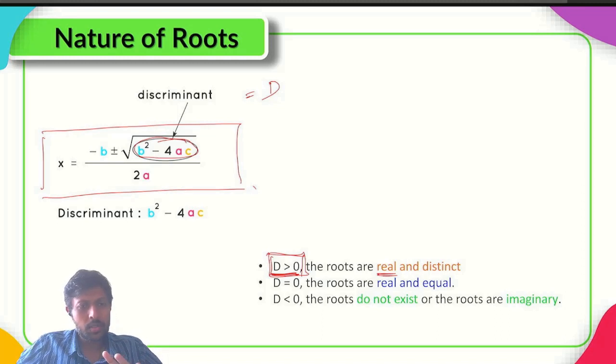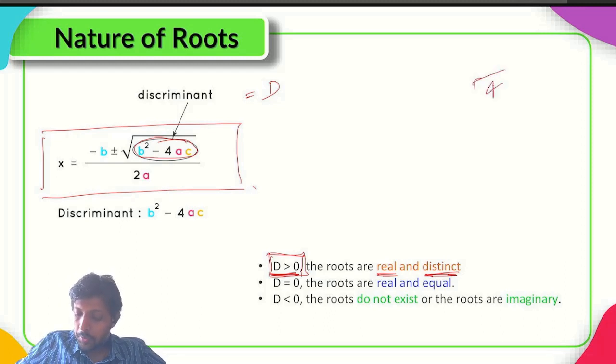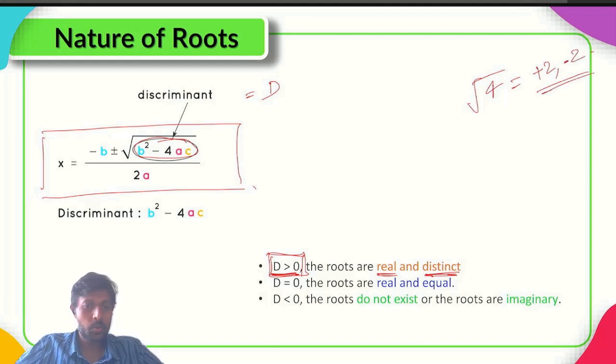It doesn't matter if it's a perfect square or not, we get real roots, and they are also distinct roots. You can try it out. Let's say we have 4, which is a perfect square. We still get plus 2 and minus 2 as the two roots.